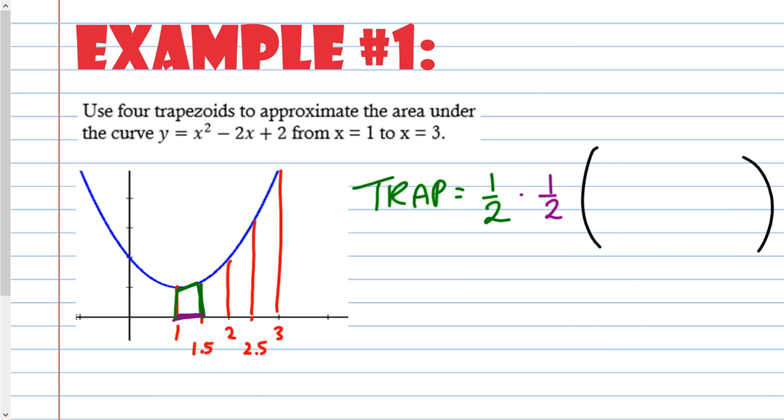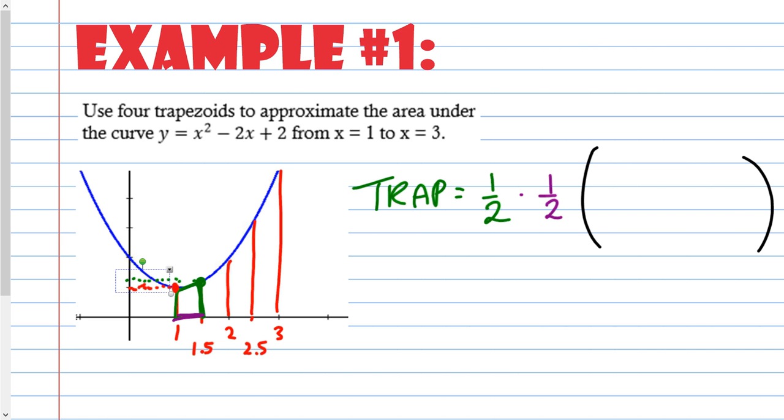But I do need all of the heights. I need all of my y values. So I need this y value, because that'll be my base 1 for that trapezoid. But then I also need this height, because that'll be my base 2 for that very trapezoid.